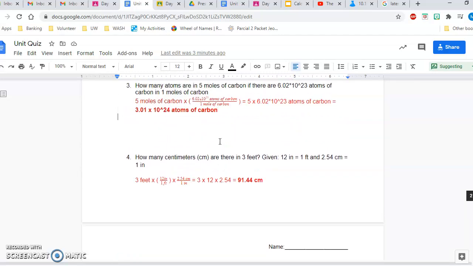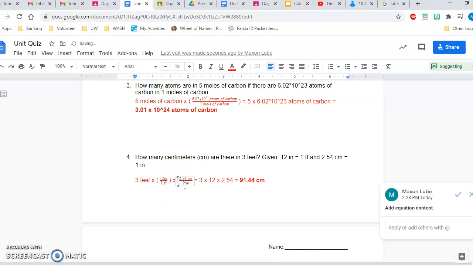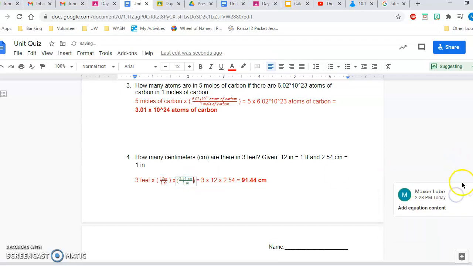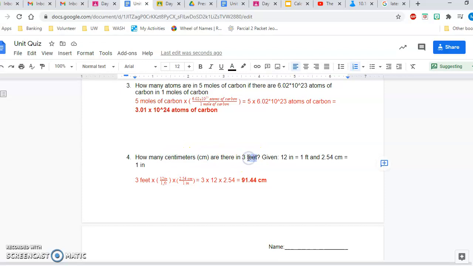And then our last one was a multi-step conversion. So we had just learned about these, but I wanted to see how well people understood that concept. Let me add these in here. So this is just like our other conversions, but we don't have a nice direct path. So we're asked for how many centimeters are in 3 feet, but what we're given, we don't know our conversion from feet to centimeters.